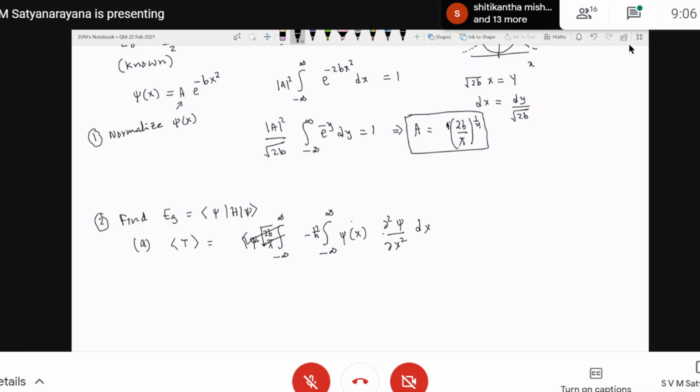So what will be the square of that? The square of that will be h bar square into A square into 4b square into integral minus infinity to infinity, we'll have x square into e to the minus 2bx square.